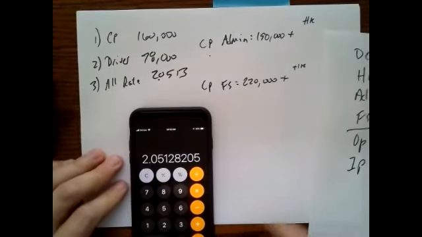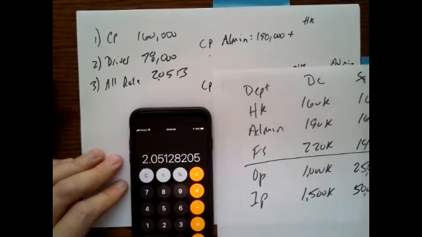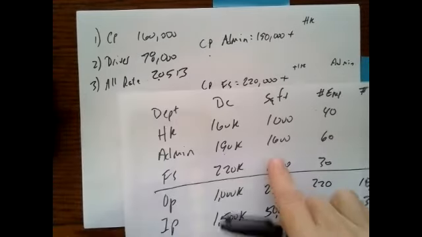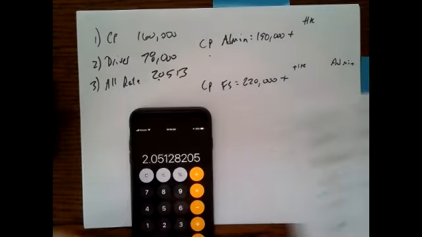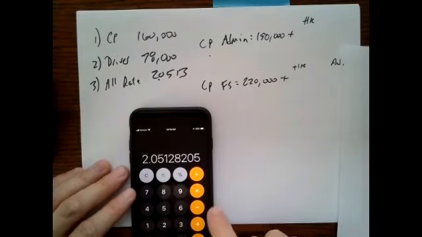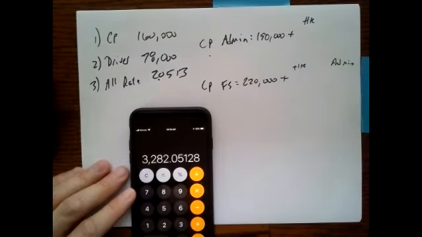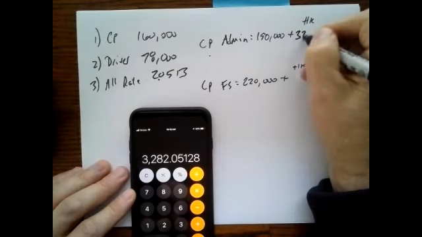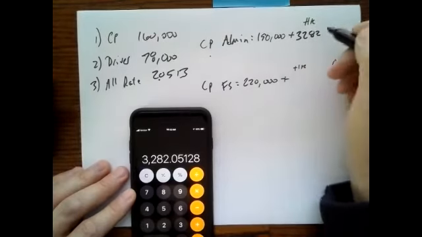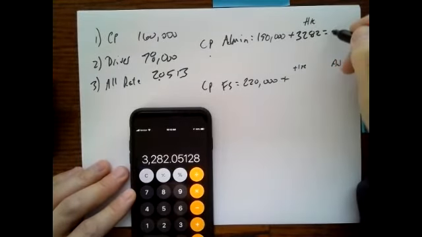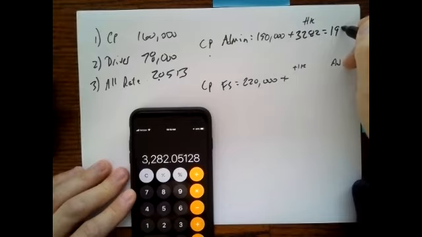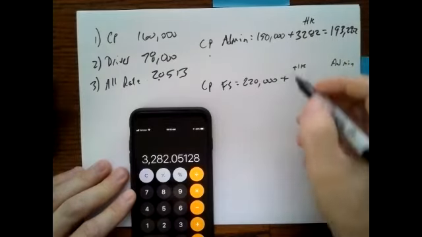So with admin, they've got 1,600 square feet. So 1,600 square feet times 2.05 is roughly 3,282. So the cost pool for admin is going to be 193,282.